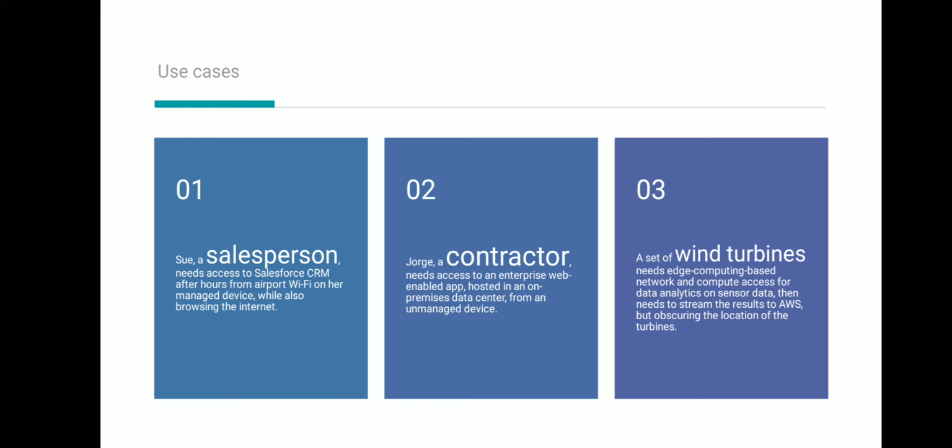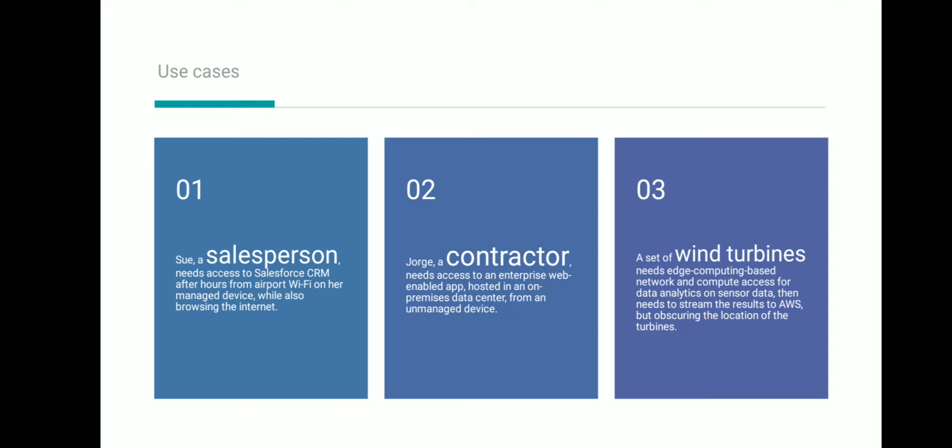The third use case is a wind turbine that needs access for data analytics on sensor data, and then needs to stream the results to AWS or Azure, while making sure it is obscuring the location of the turbines.